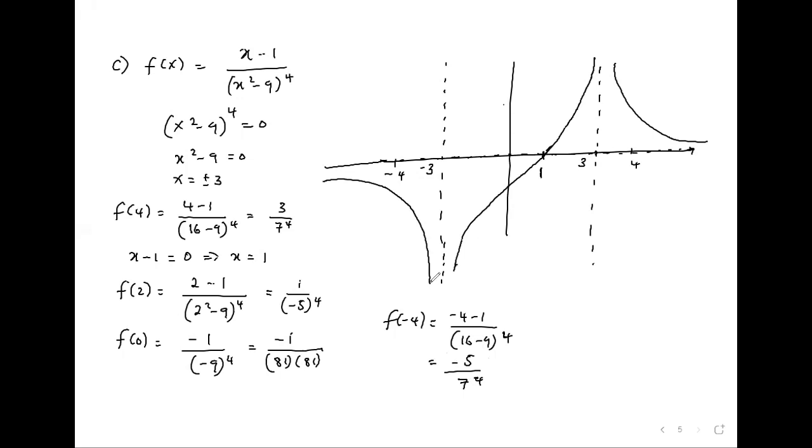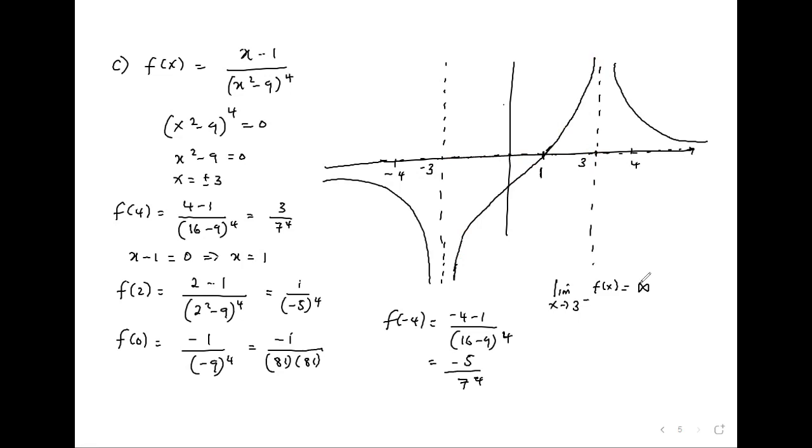So the question is about, we are supposed to check as x approaches 3 from left. So I'm looking for the limit as x approaches 3 from left of f. So from left, we're talking of this 3 here. From left, you are coming in this direction using this curve. So it's going to positive infinity.